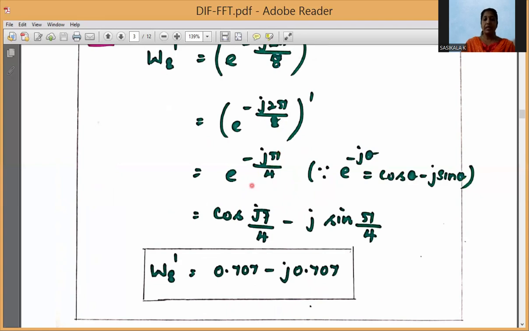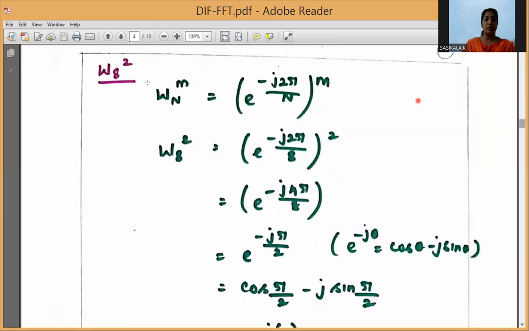So e power minus j pi by 4 becomes cos pi by 4 minus j sin pi by 4. In the calculator, keep the mode in radians mode, and substitute cos of pi by 4, you will be getting 0.707. So cos pi by 4 is 0.707, minus j sin pi by 4 is 0.707. So W8 power 1 is equal to 0.707 minus j 0.707.